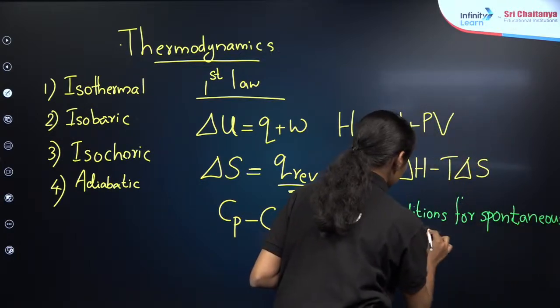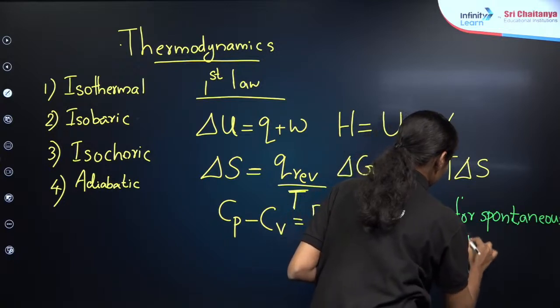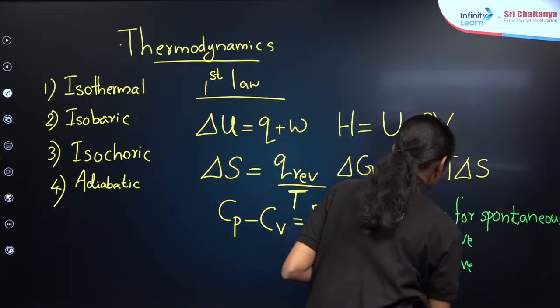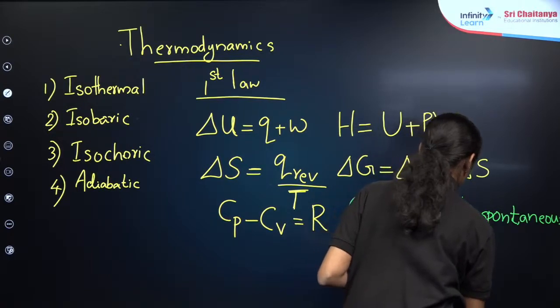In terms of delta G, it should be negative. In terms of entropy, it should be positive. In terms of enthalpy, it should be negative, right?